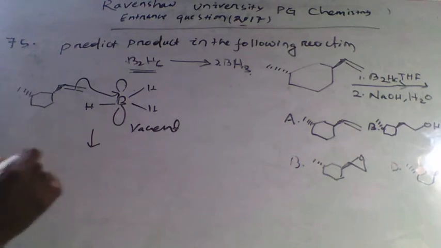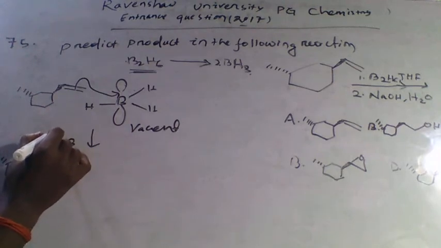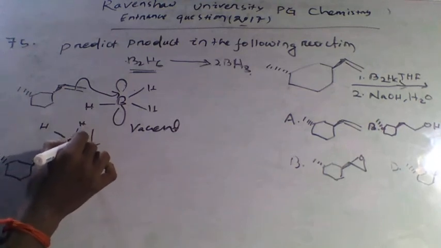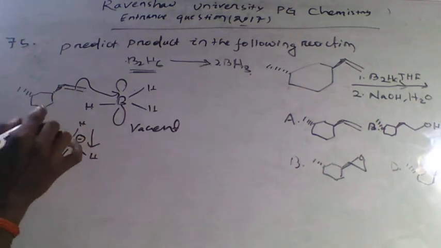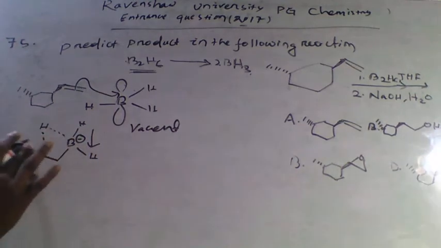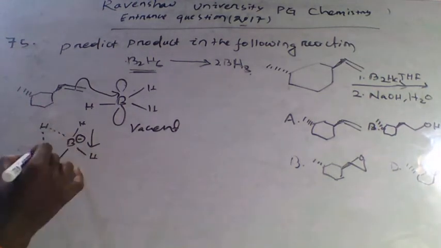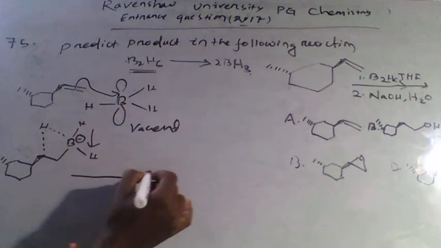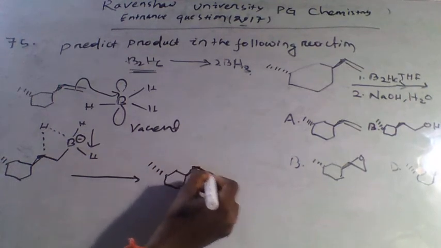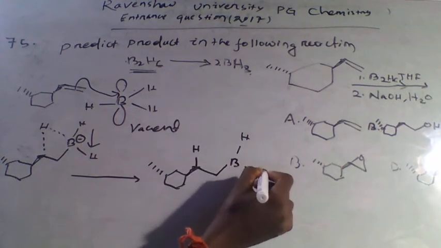This is boron, and this is hydrogen, and it has negative charge, and we'll see here it has positive charge. It is such a type of transition state, and finally this hydrogen will transfer to here. This is your methyl, and this is hydrogen, and this is boron.